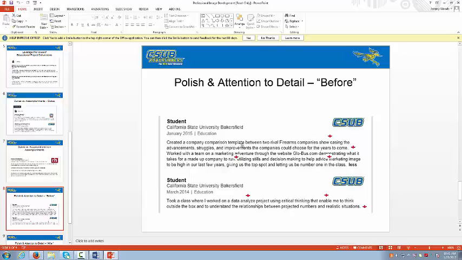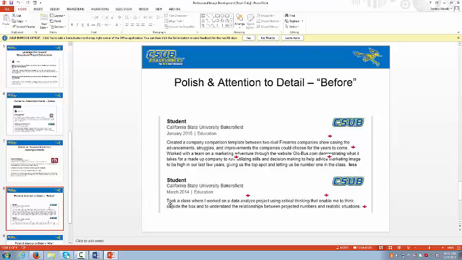Created a company comparison template between two rival firearms companies, showcasing is one word, not two words. The advancements started for years to come. For the years to come should be for years to come, not for the years to come.